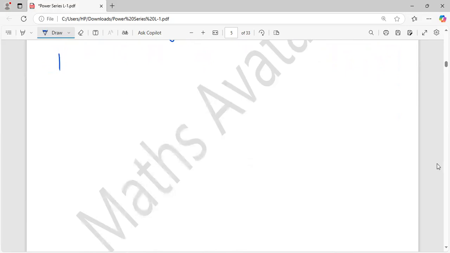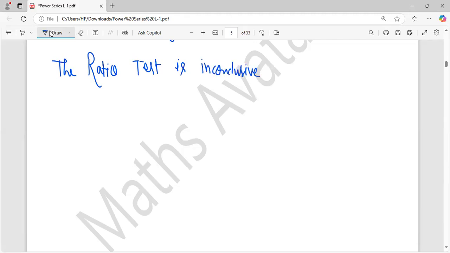Now, the ratio test is inconclusive if the limit as n tends to infinity of un plus 1 upon un is 1.